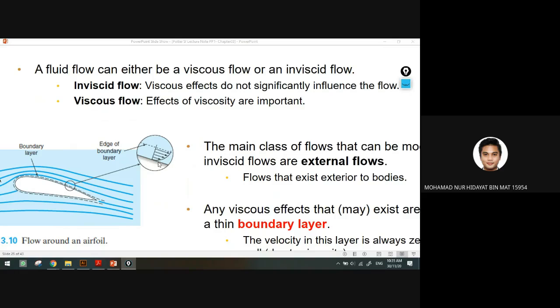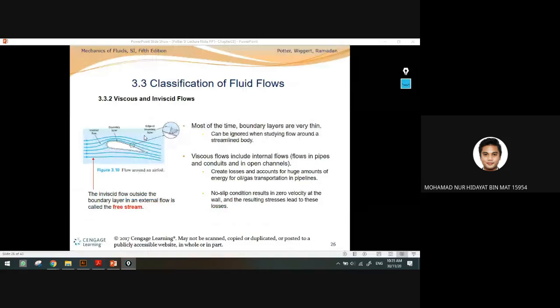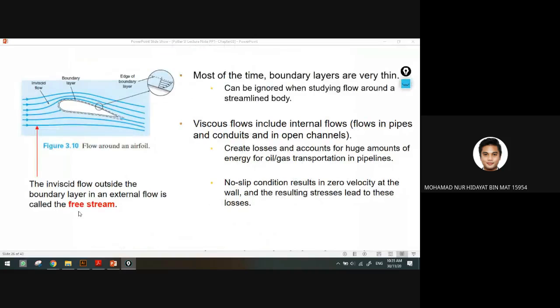This is the effect of viscosity. There is a restriction of flow from the aerofoil surface. Okay, you can see this is the inviscid flow outside. Remember, outside of the boundary layer we call the free stream. This is a free stream.